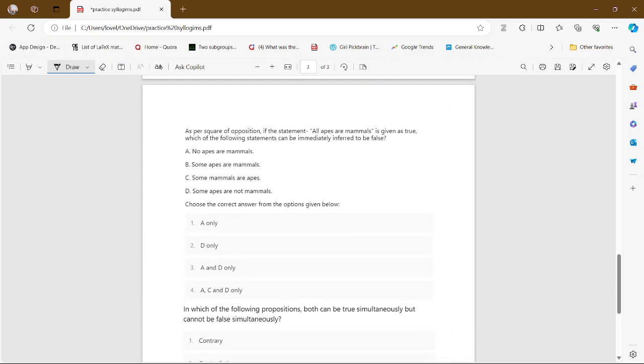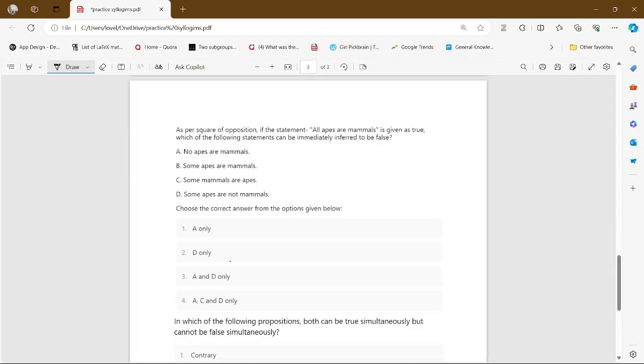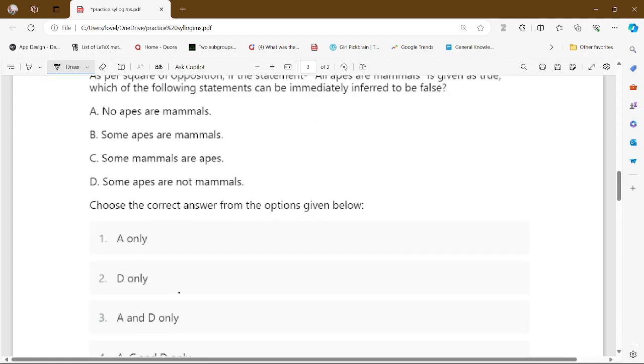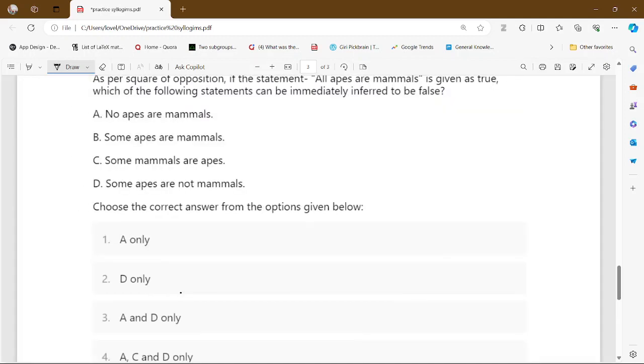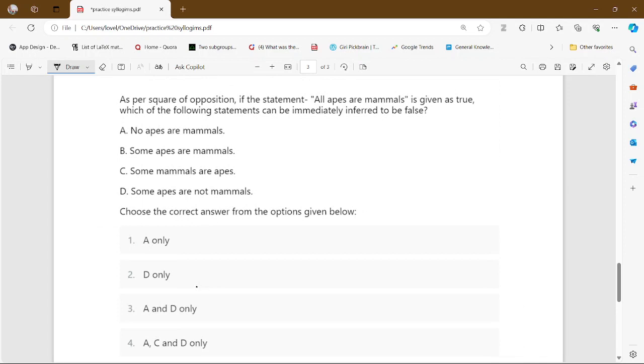So next question, let us see. As per square of opposition, the statement all apes are mammals is given true. For these kind of questions, we have to go for the truth table of square of opposition.